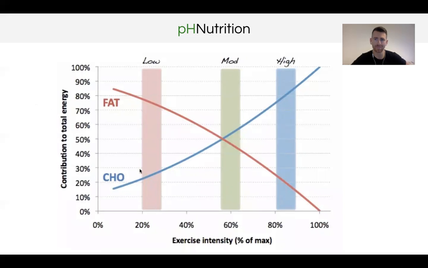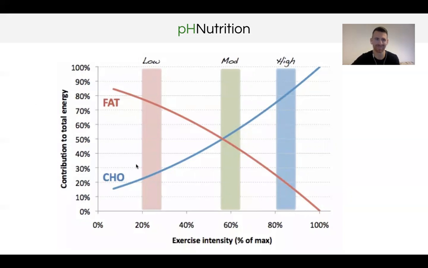If we are burning through our muscle glycogen or circulating carbohydrates when we're doing work that isn't really that hard, then what happens when we get to the point where we really need carbohydrates, when we should be almost solely using carbs? We're going to be staring at the bar or the dumbbell, going, there is no way I want to pick that up, because I've got nothing left in the tank.